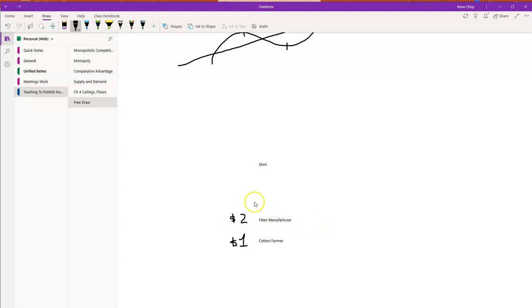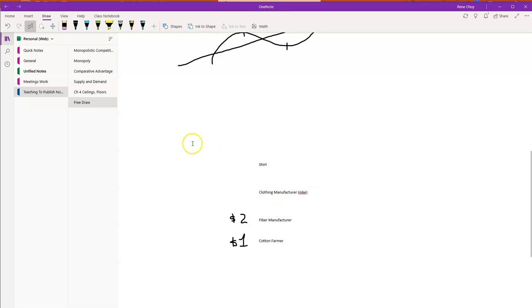Now who will buy this for $2? Well, the person that will buy will be somebody who turns fiber into clothing. So it's the clothing manufacturer, somebody like Nike.